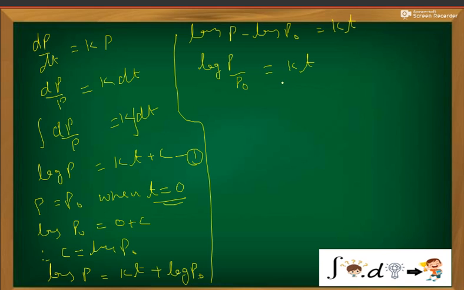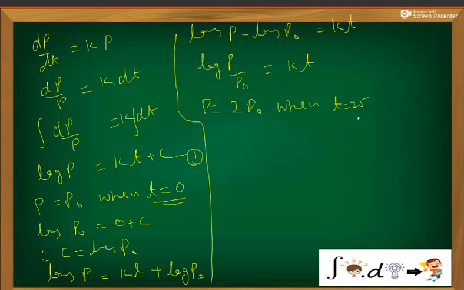Okay, the condition given to us is that the population doubles in the past 25 years. That means P is equal to twice of P naught when t is equal to 25.